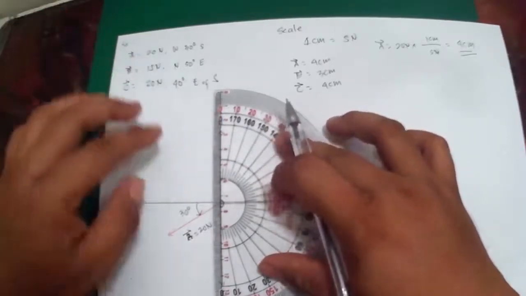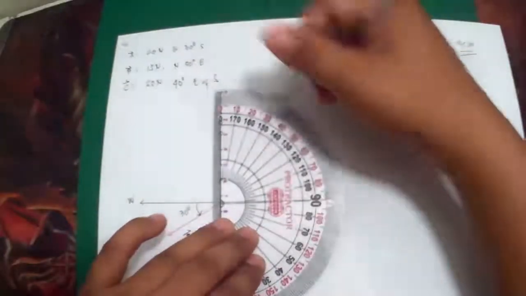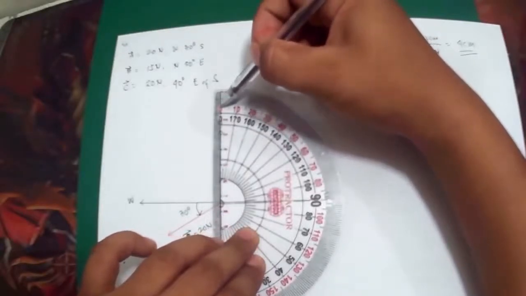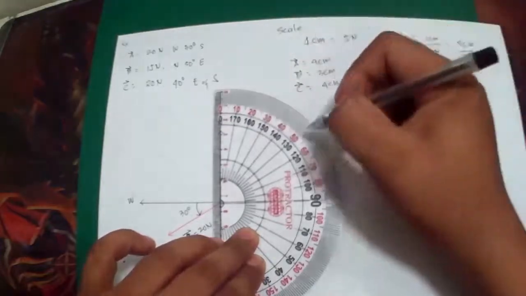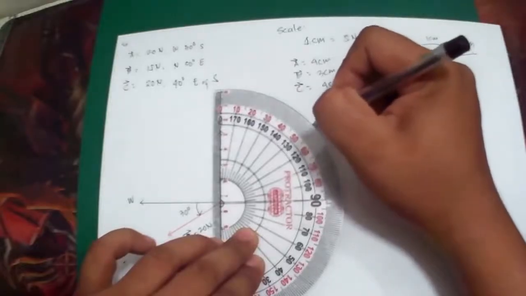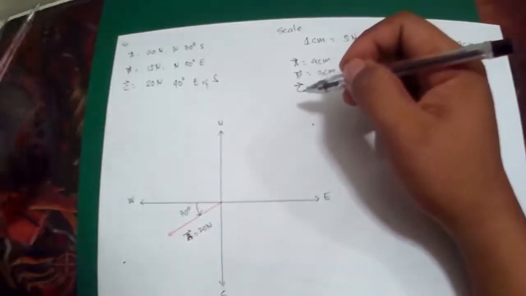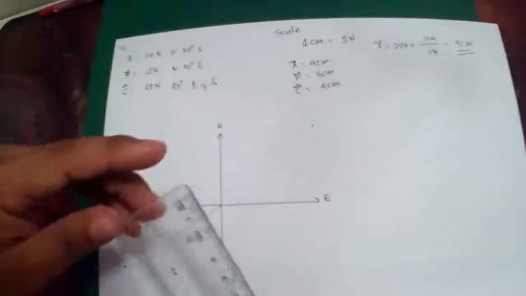So since the reference point is north, this is a clockwise approach. So 0, 10, 20, 30, 40, 50. So this is 50. I will mark the 50 here. And grab your ruler. So that's 3 centimeters.